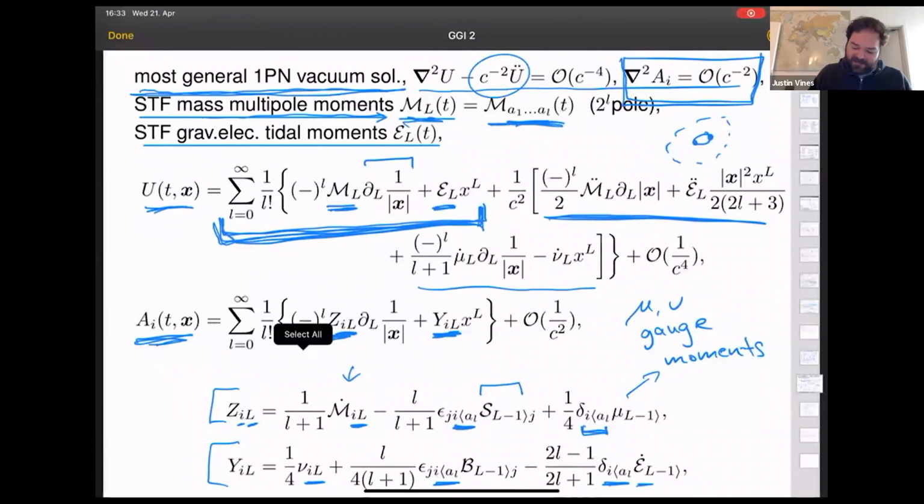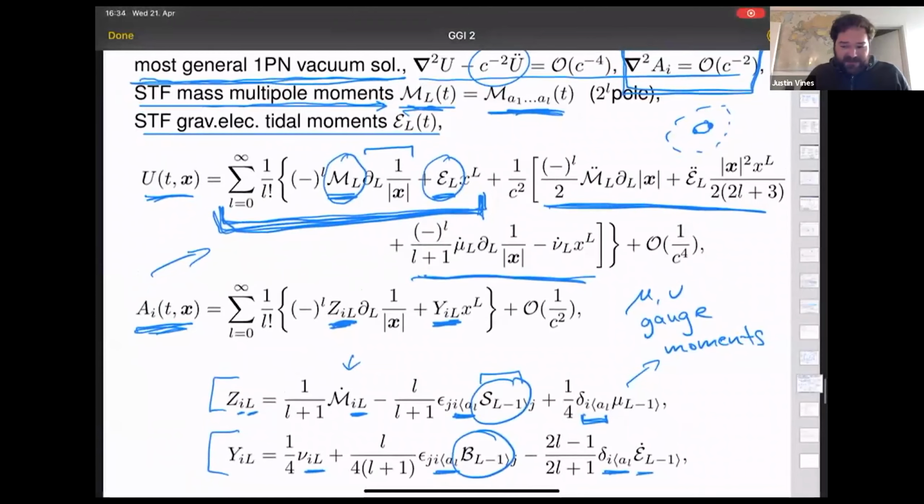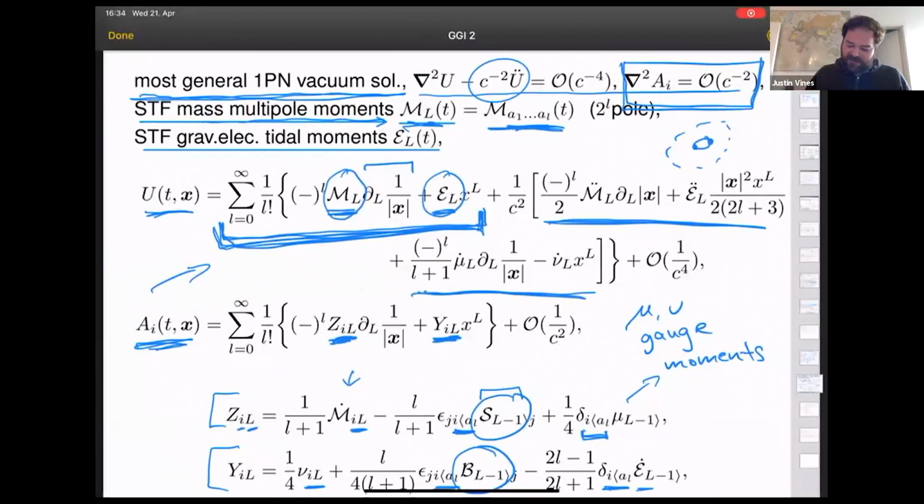And because this is the most general solution to the vacuum field equations, I will find that they have this form with certain values for the multipole moments. The important ones being here. In fact, if I take literally that solution I had before, I will not have any of these tidal moments. I will not have any of these terms that grow as R gets large. I will only have the ones that die off, and those will determine the mass multipole moments and the current multipole moments of my system.